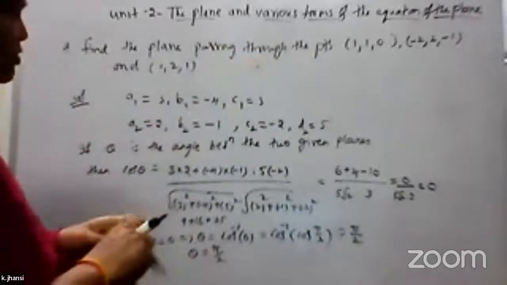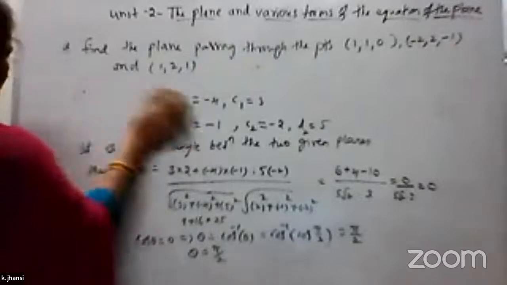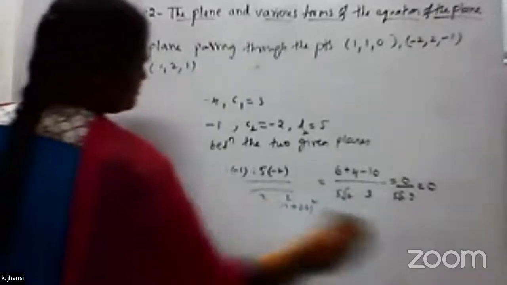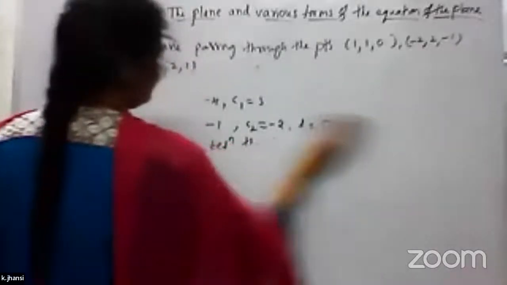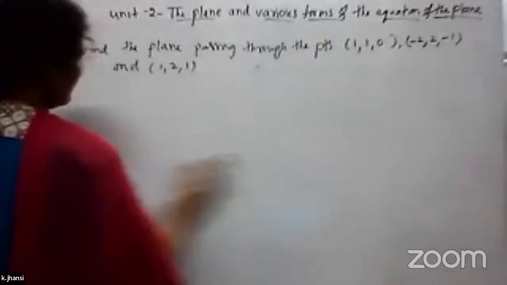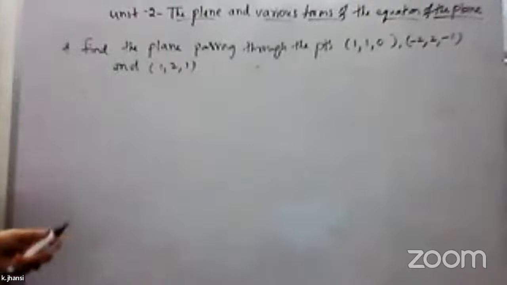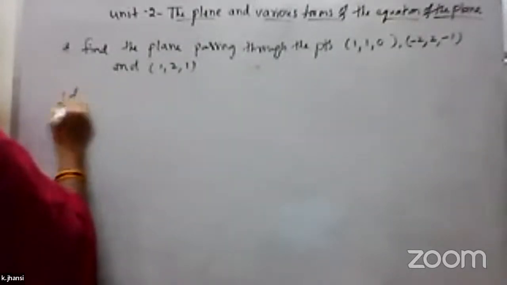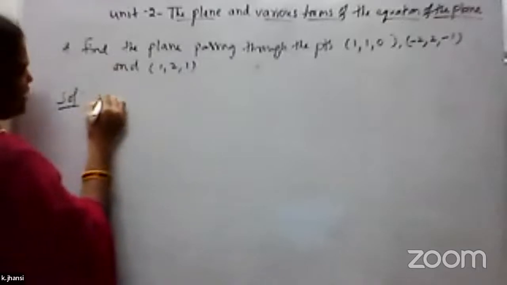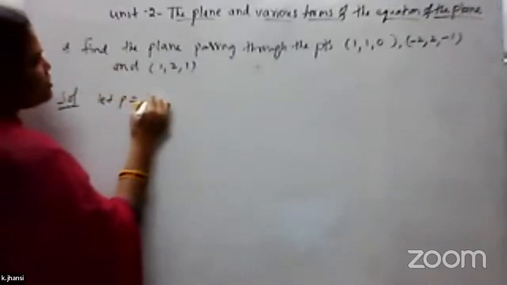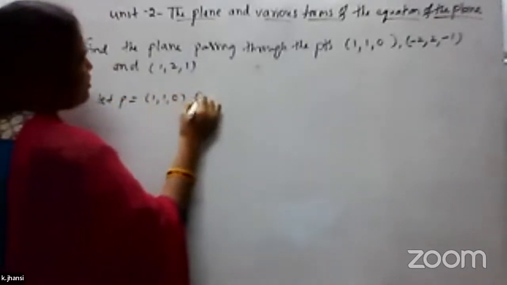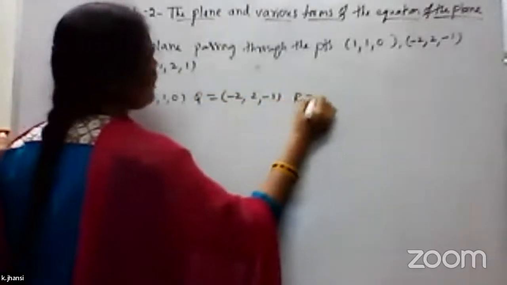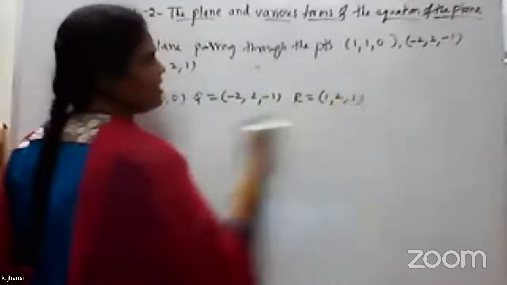First, you write any equation of the plane passing through the first point. You can put the points' names here: let P equal 1, 1, 0, Q equal -2, 2, -1, and R equal 1, 2, 1.